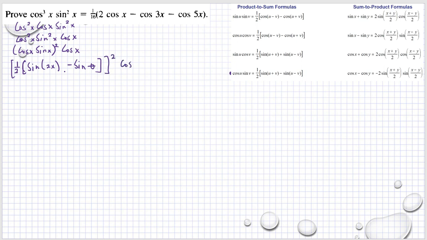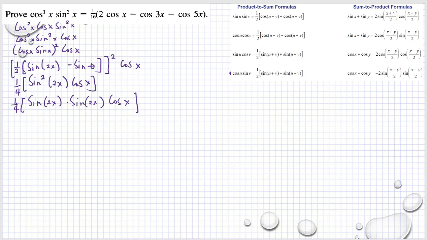And then we have cosine x. Then we have 1/4 sine squared 2x cosine x. And then if you expand that, 1/4 multiplied by sine 2x multiplied by sine 2x cosine x.